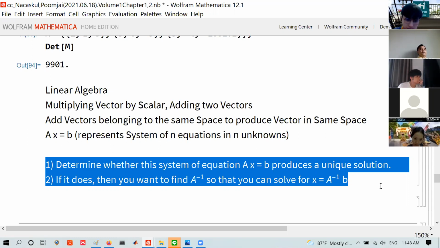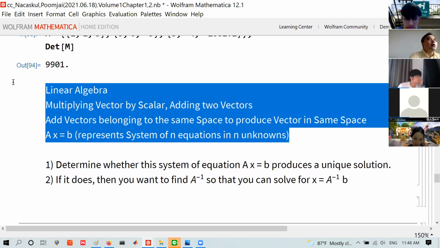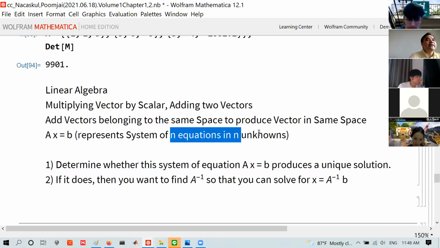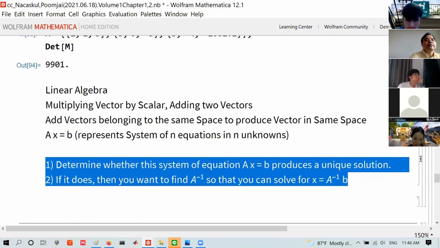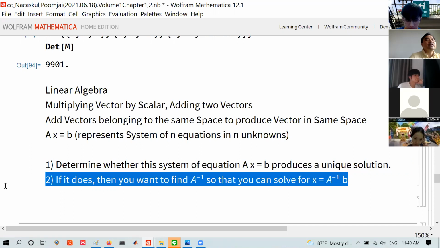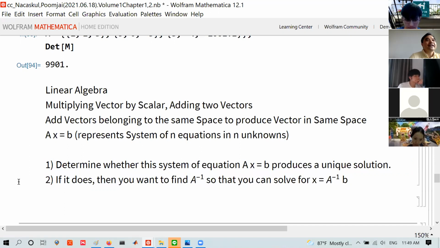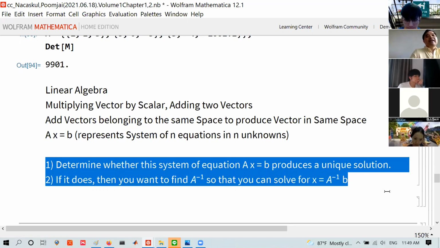Ultimately, all along, the objective was this: if you are given n equations in n unknowns, you want to know if this is solvable. If it's solvable, solve it. These are the two big steps that will require half a semester to learn.